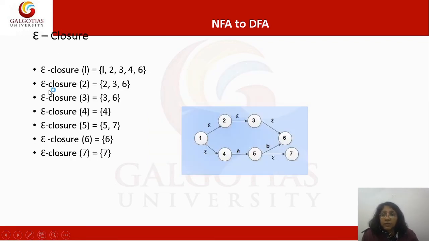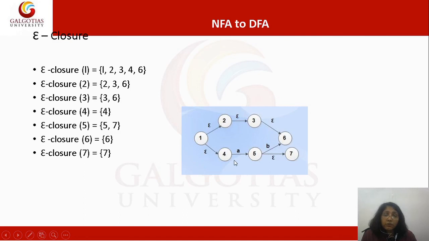Similarly, for this diagram, epsilon closure of 1 will be 1, 2, 3, 4, 6. Epsilon closure of 2 is 2, 3, 6. Epsilon closure of 3 is 3 and 6. By default, the state for which you are computing the epsilon closure is always included.